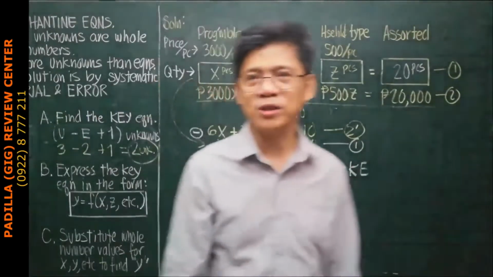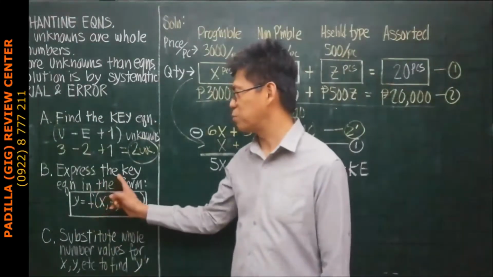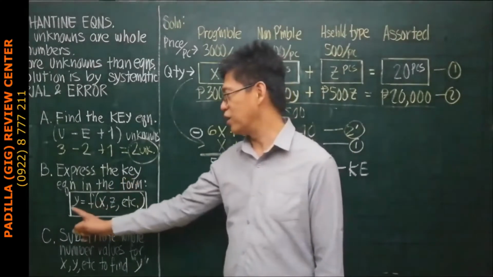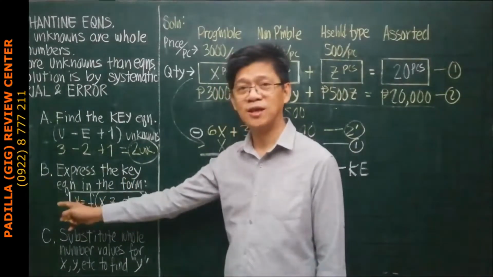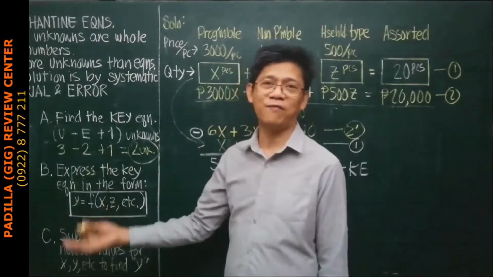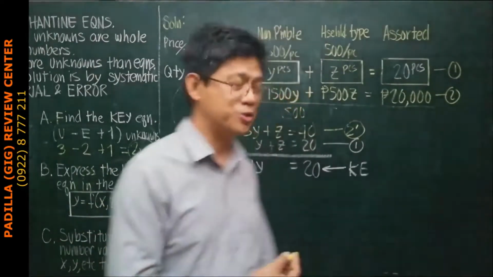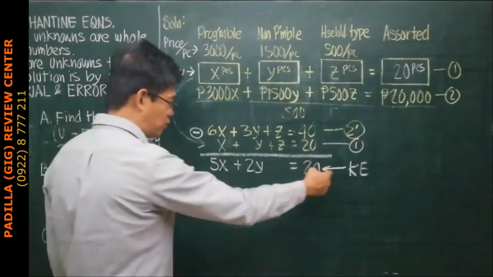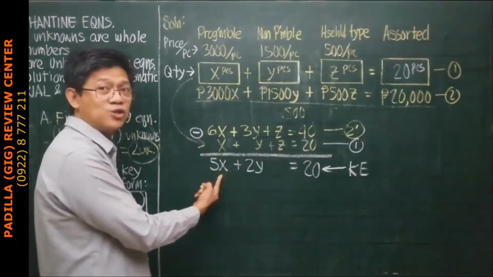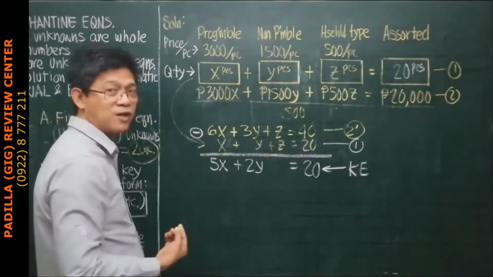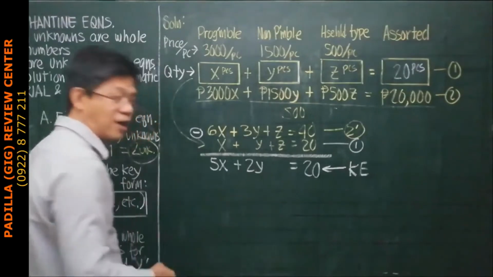The next step, once you have the key equation, is express the key equation in the form of y or x as a function of all other variables. Since there are only two unknowns, we just express x as a function of y or y as a function of x. Let me do the latter.